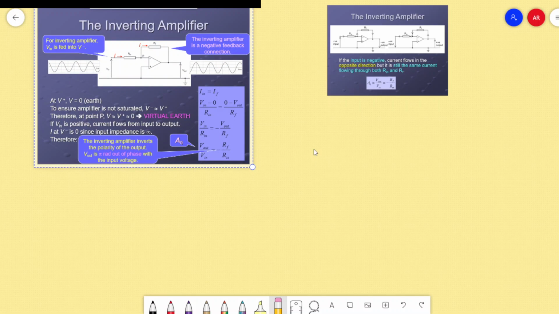So this is the inverting amplifier. A feedback amplifier can be of two types: one is the inverting amplifier, the other is the non-inverting amplifier. So we start with the inverting amplifier.